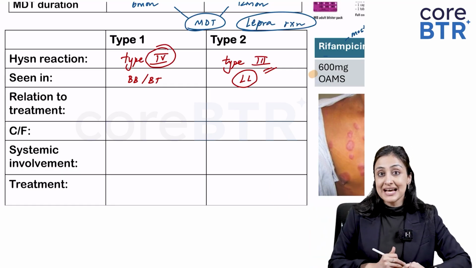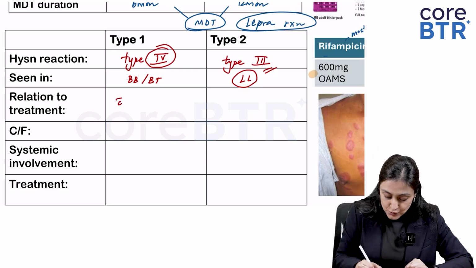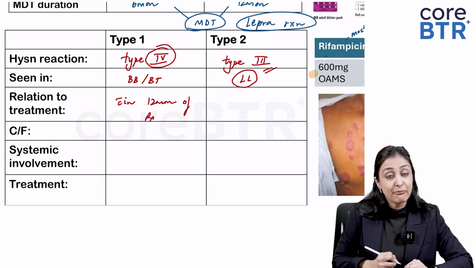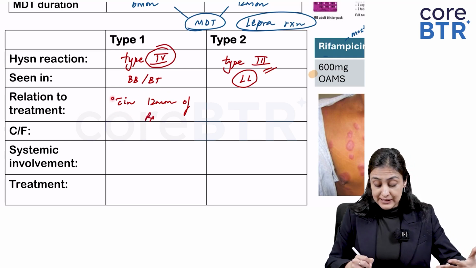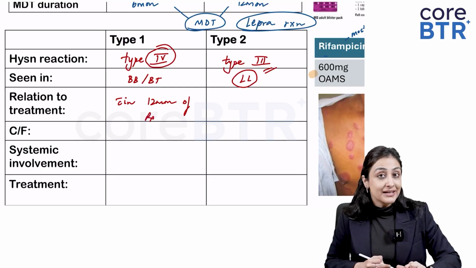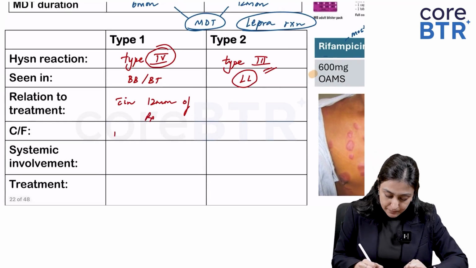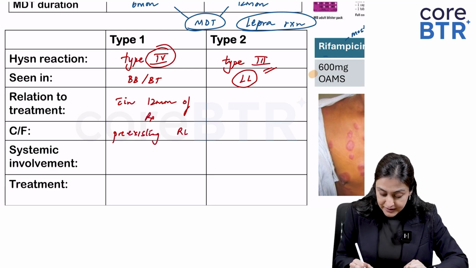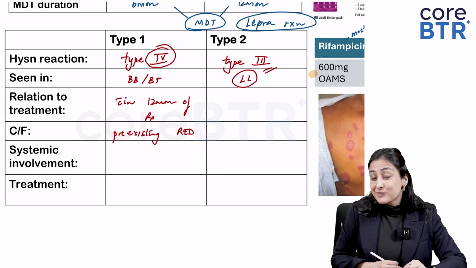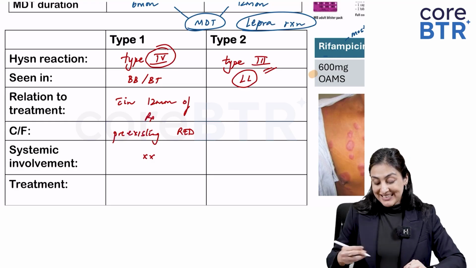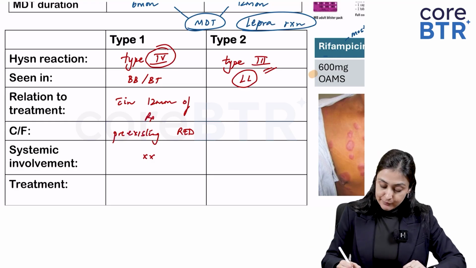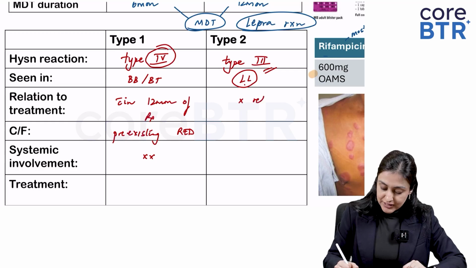What happens in type 1 reaction is as soon as you begin treatment, so this happens within 12 months of treatment, your immunity improves, CMI improves and you have a reaction. Your pre-existing lesions become red. You don't have new lesions, only pre-existing lesions, and there is no systemic involvement. But in type 2, you have lepromatous leprosy. There is no relation to treatment.